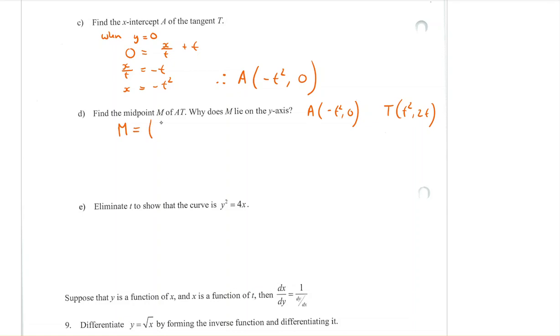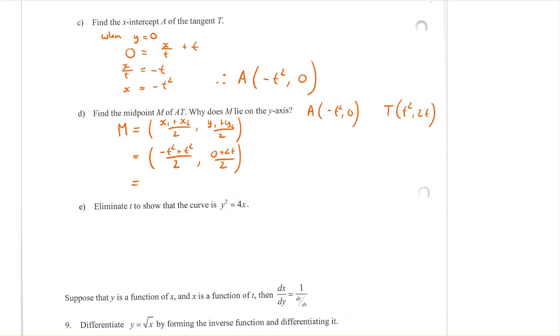our formula is x1 plus x2 over 2, y1 plus y2 over 2. Adding the x values, I have minus t squared plus t squared over 2. Adding the y values, 0 plus 2t over 2.